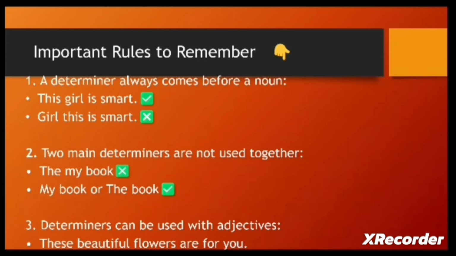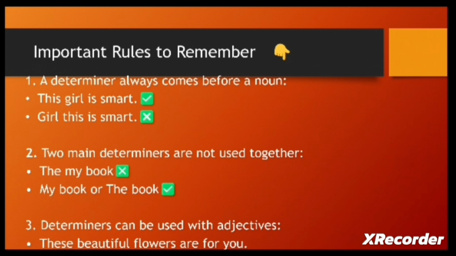Now here are some important rules to remember for determiners. See children, a determiner always comes before a noun. We learned this in our previous slide also. This girl is smart. This is a correct sentence. It can't be girl this is a smart. Understood? A determiner always comes before a noun. We have to keep it in mind. Two main determiners are not used together.